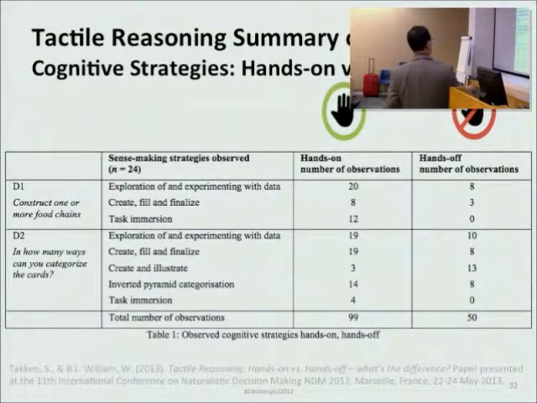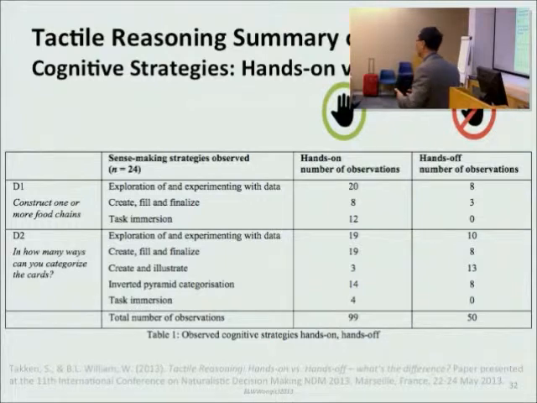And what we found was that when you had the ability to manipulate your card objects, to be able to create, let's say, stories about which animals live in which habitats and ate what kinds of food, you had 99 observations compared to 50 observations of what we call sense-making and creativity tasks.